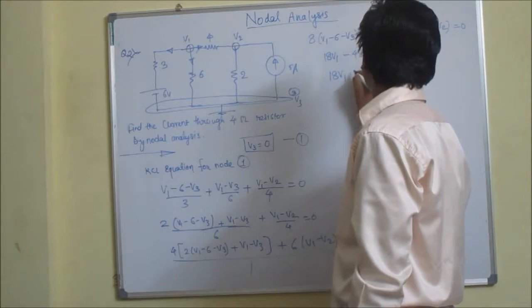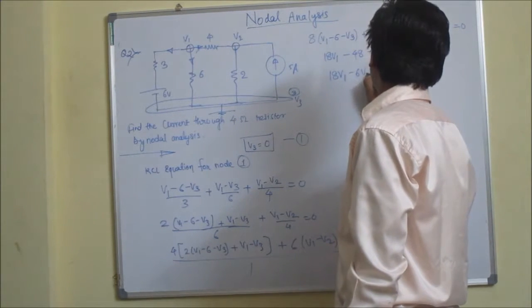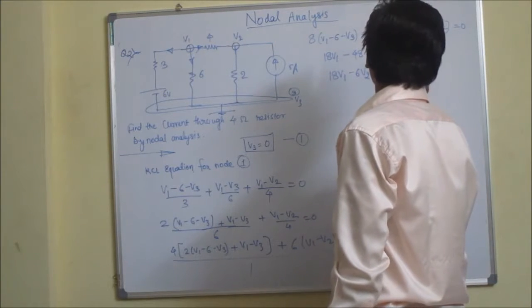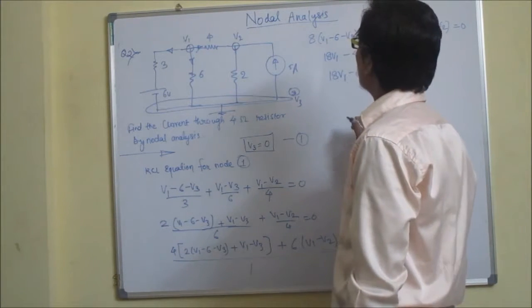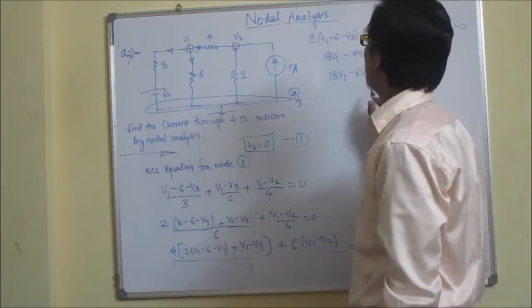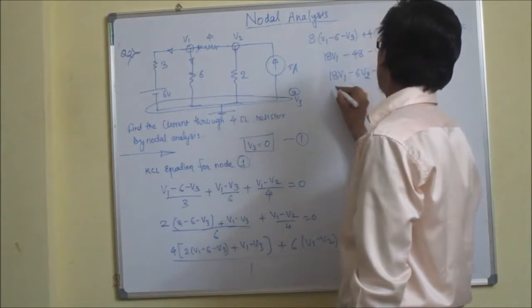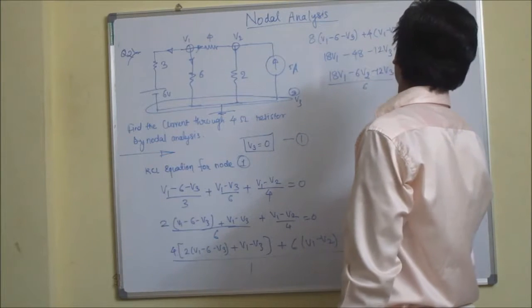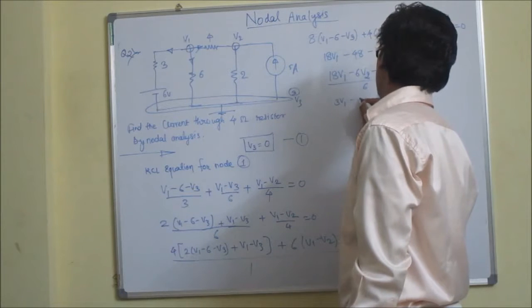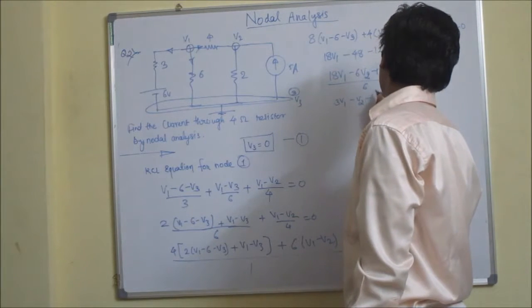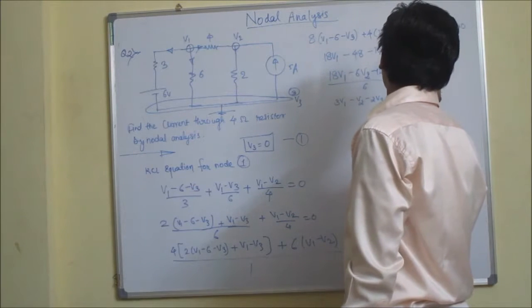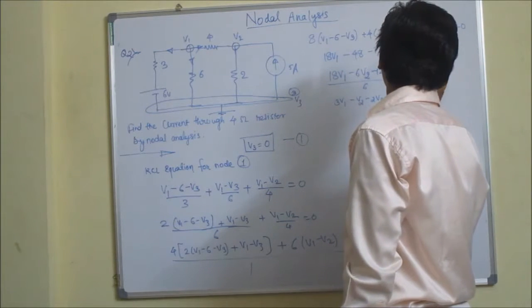So 18 V1 minus 6 V2 minus 12 V3 is equal to 48. Now if I divide the whole equation by 6 on both sides, we get 3V1 minus V2 minus 2V3 equal to 8.